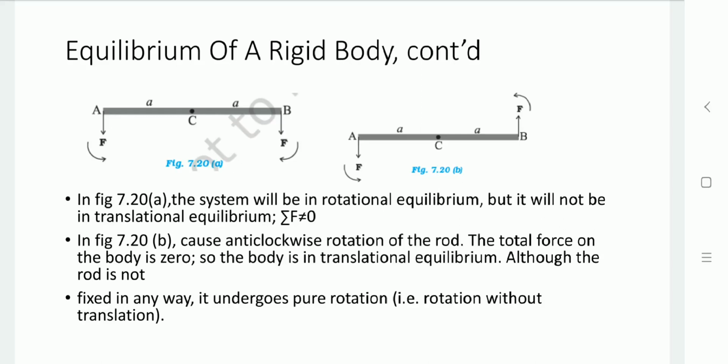But the force at point A is available downward in a clockwise direction, and at point B the force is available upward in an anti-clockwise direction. So the rod will rotate. So rotational equilibrium is not available. So in any way it undergoes a pure rotation.